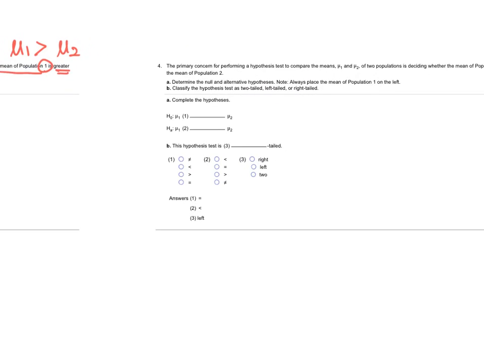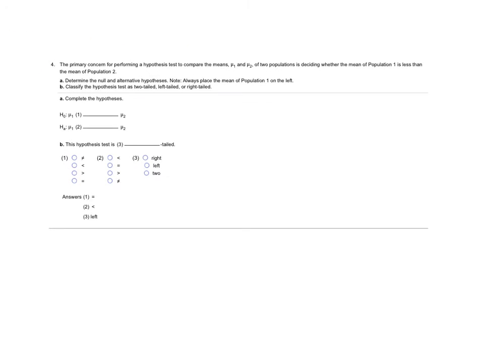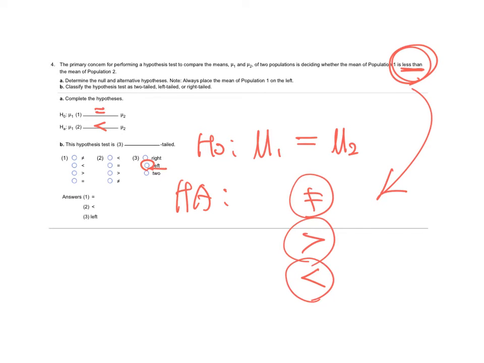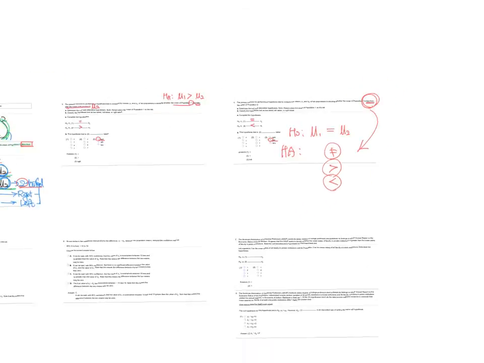And how about number 4? It's less than, equal in the null, and that will be left tail. So the difference is we have 2 population means, but it's always the equal sign in the null. There are 3 kinds of inequalities in the alternative one, and depending on the claim, you choose one of them. So that is almost the same.